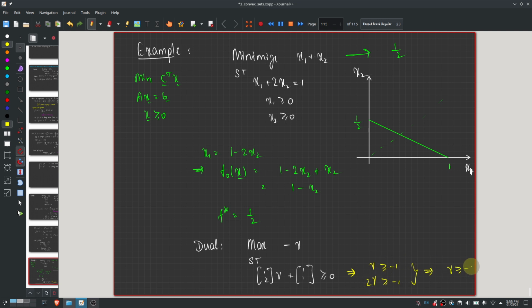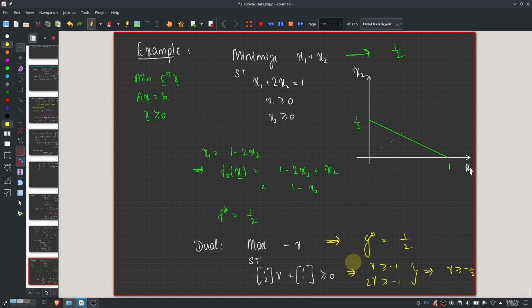So nu should be greater than or equal to -half. The goal is to maximize minus nu, or in other words, minimize nu among all nu greater than or equal to -half. So the solution to this, g star, is equal to 1/2.